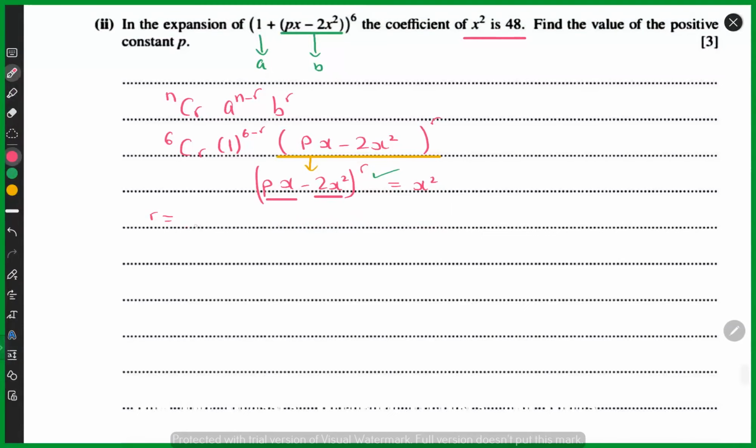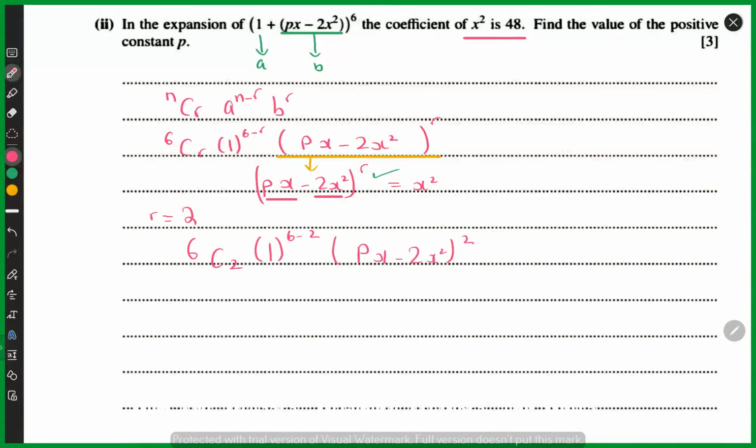Now when I take r equals 2, what would happen? It is basically going to be 6C2 times 1 to the power 6 minus 2, I'm writing the entire thing for a purpose, times (px minus 2x squared) whole power 2. This is what I would have.